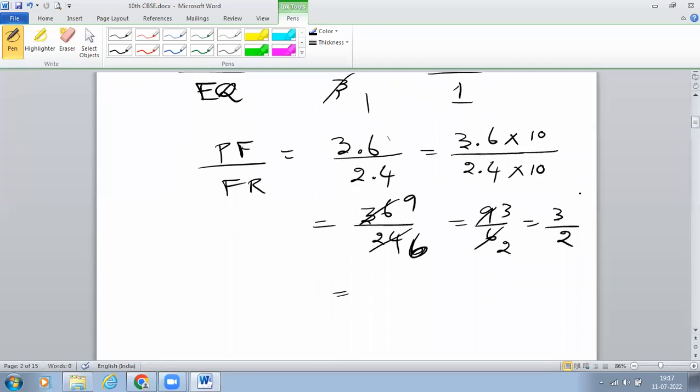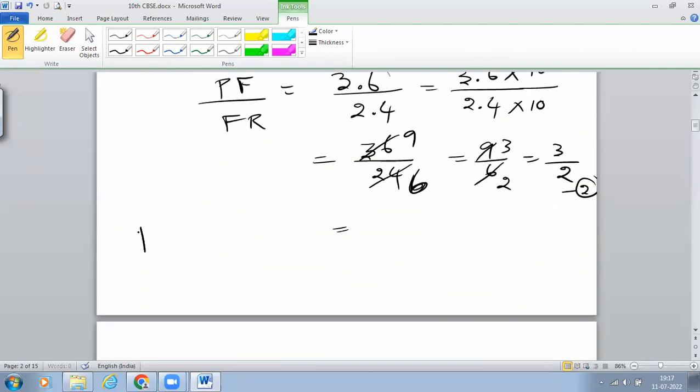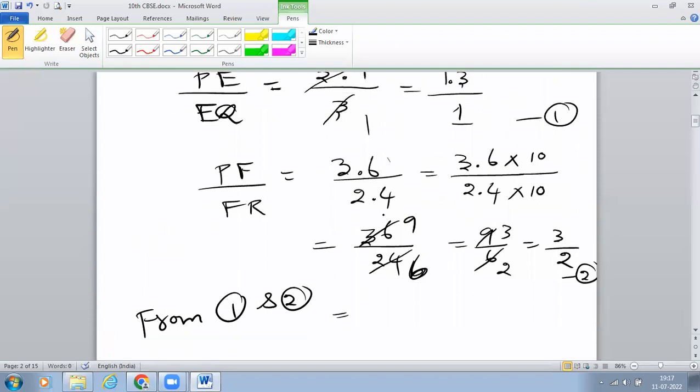But see here, we can consider this as equation number 1, and this is equation number 2. From 1 and 2, we can conclude that the ratios are not the same, right? That is, PE by EQ is not equal to PF by FR.